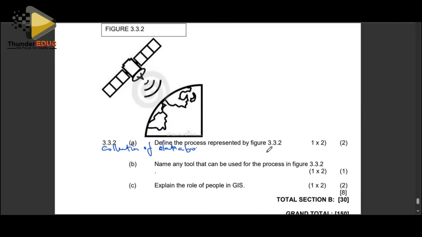Is collecting data about the Earth from space using satellite imagery system.